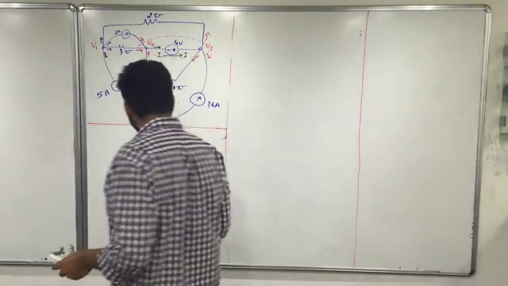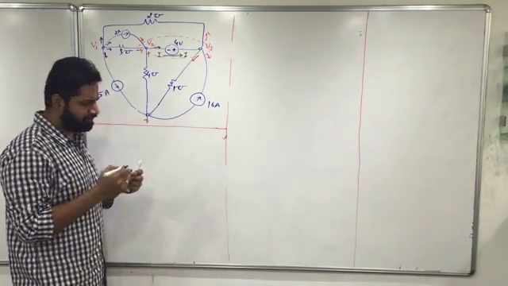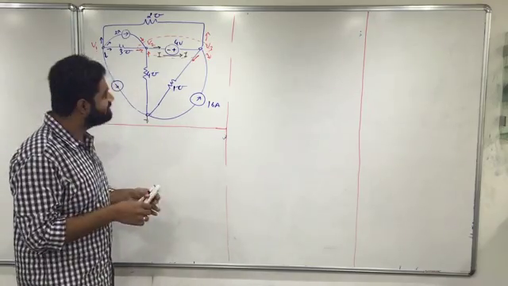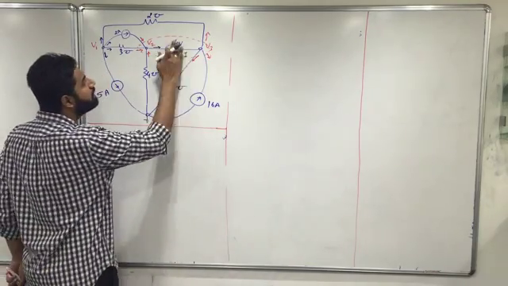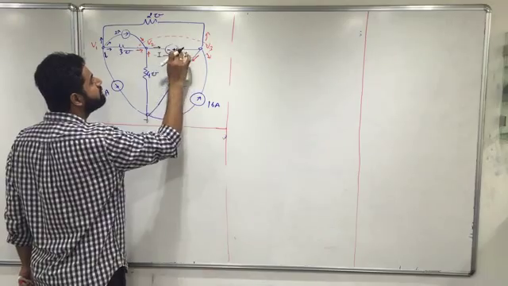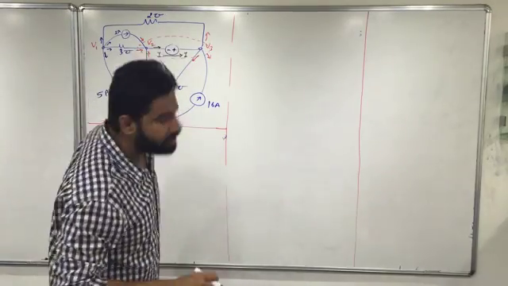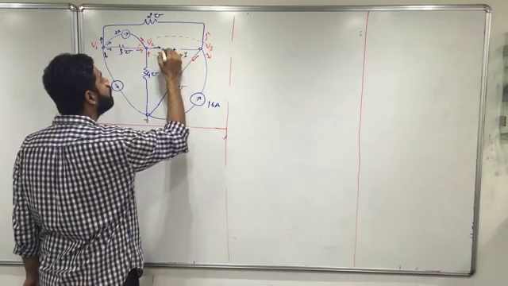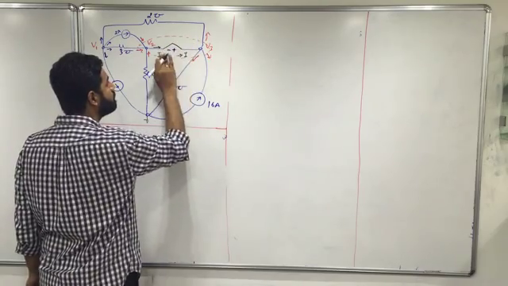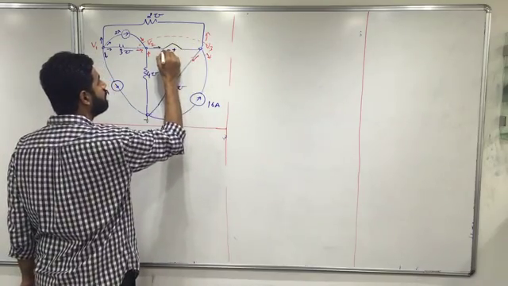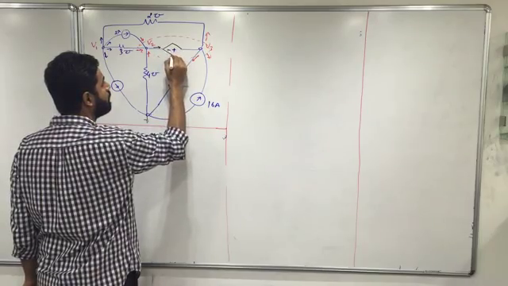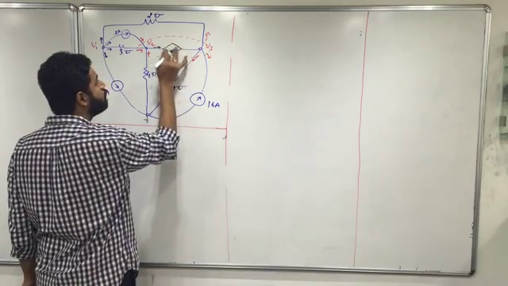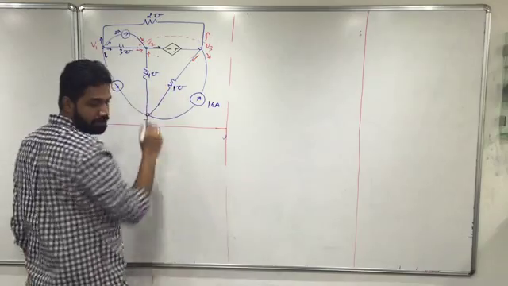So we are having next example in which only a small difference we have, and that small difference I am drawing this way. Instead of this 4 volts, with polarity negative positive, we have a controlled voltage source with this polarity.